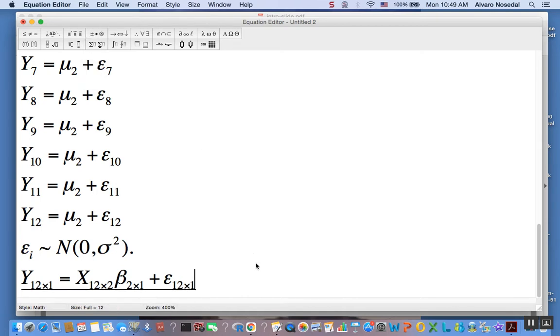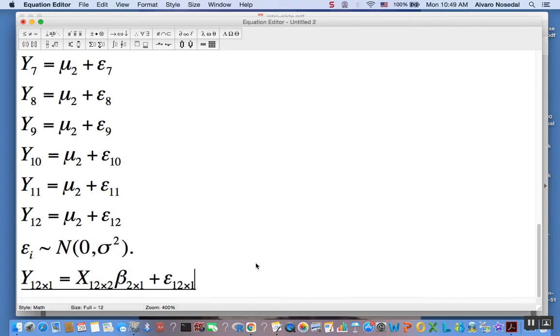So now that looks like one of our linear models, right? So now if I want to estimate mu1 and mu2, I could do that using least squares, and then if I want to do inference, I could use part of the theory that we have learned together.